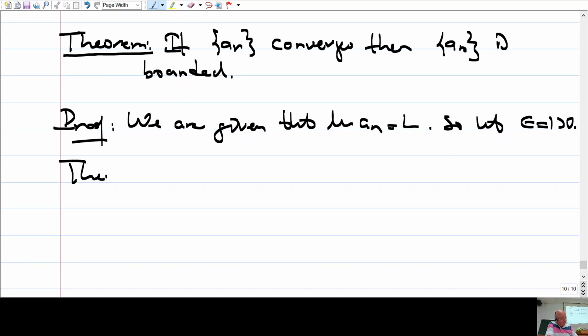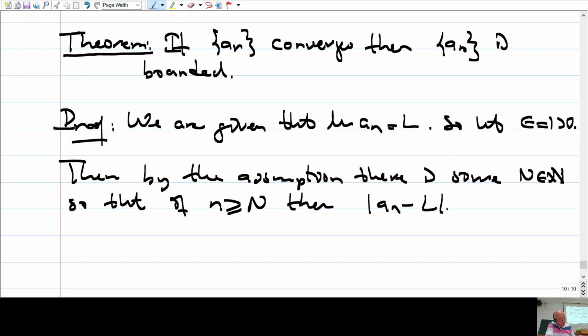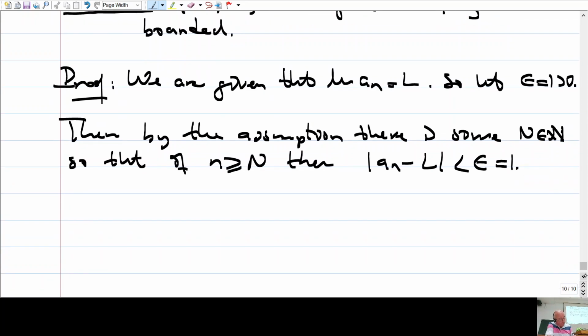Then, by the assumption, there is some N, a natural number, so that if n is greater than N, then the distance between a_n and L is less than epsilon, which is 1.